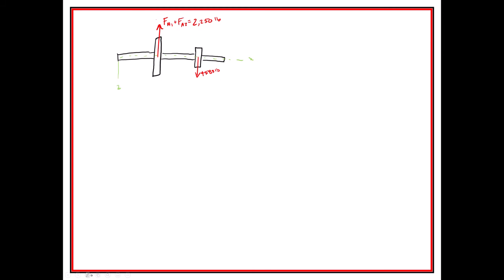The reactions on this are going... This is one of those, and I think your homework's the same way, where you don't quite know some of the directions. You could kind of forecast and guess. When in doubt, it might be best to just go in the positive direction. This one over here, which we're going to call ROZ, right?